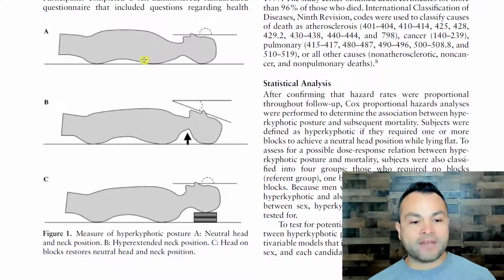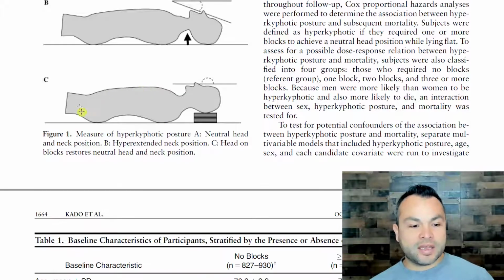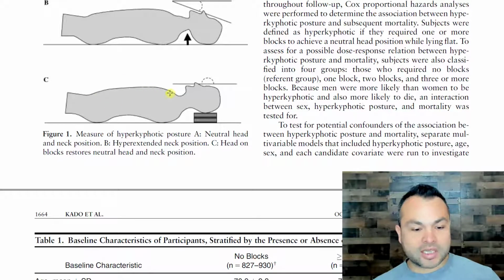The more kyphotic posture that they have, their head would jut forward or up. So you can see here in part C of this graphic, if somebody was not able to lay their head rest all the way back, that's because of that exaggerated posture. So they had these blocks that they were using. So again, they were assessed using these blocks.